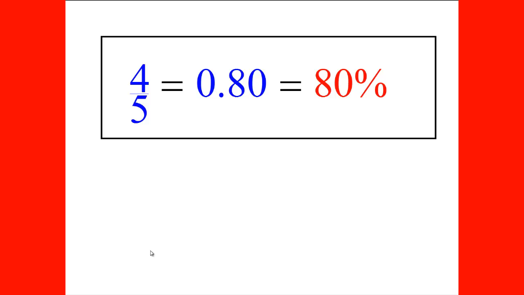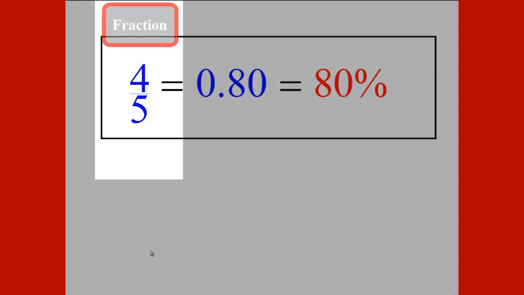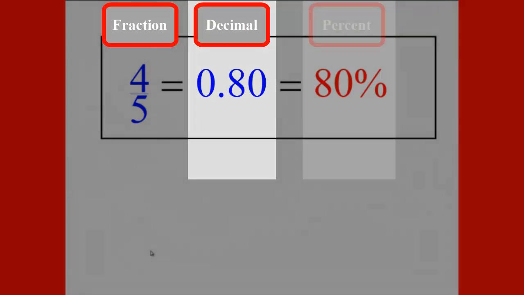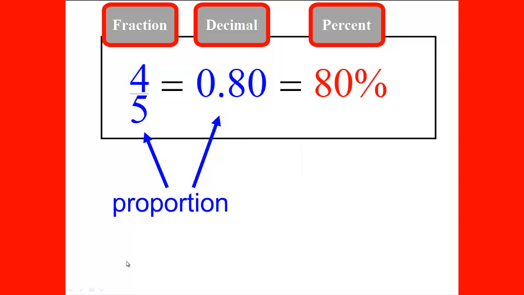Those are three equivalent forms of that number, as the fraction, as the decimal, and as the percent. 4/5 and 0.80 are considered proportions, and 80% is considered the percent.